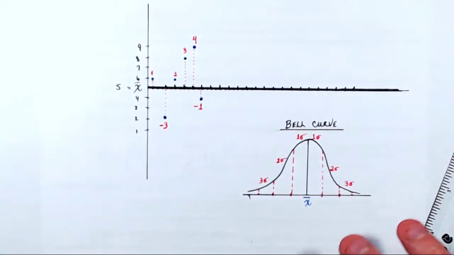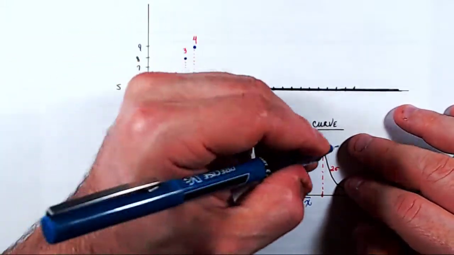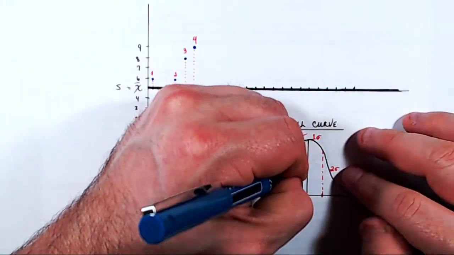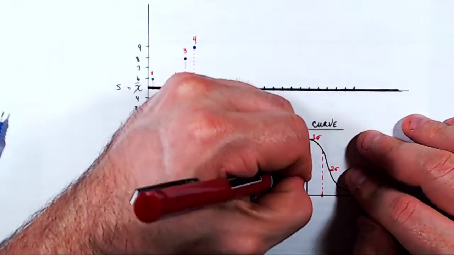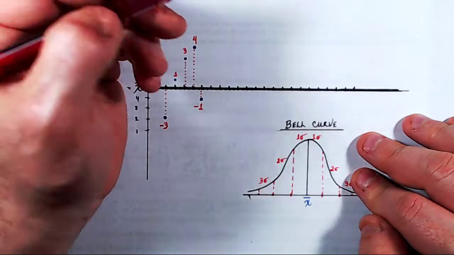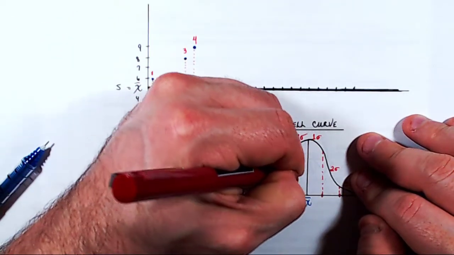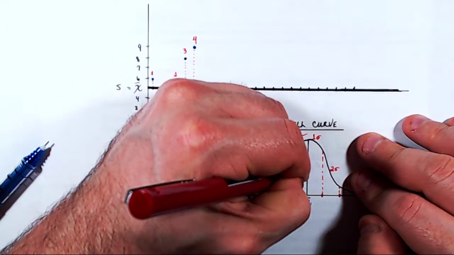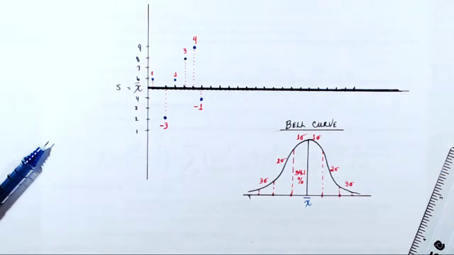And as a matter of fact, it is quite a bit of the area. In fact, the exact value, or approximation, I should say, is that within 1 standard deviation of the mean, 34.1% of all the values are accounted for.